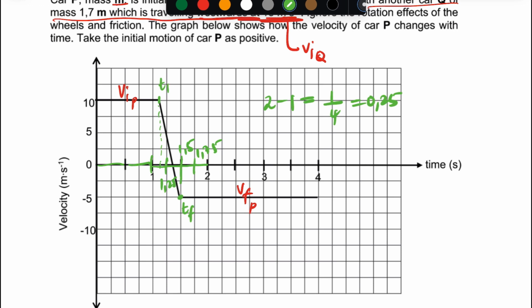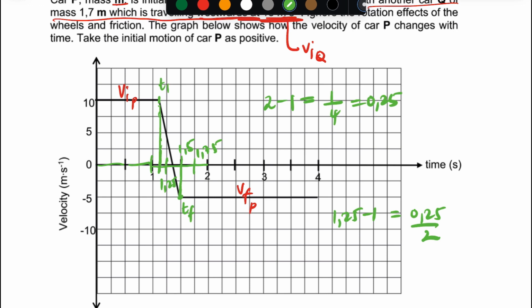So the T final here is 1.5, and here it's in the half of that. So if you say 1, now we want to know what this one is. So we'll say 1.25 minus 1, it's going to be 0.25, and we divide it by 2.